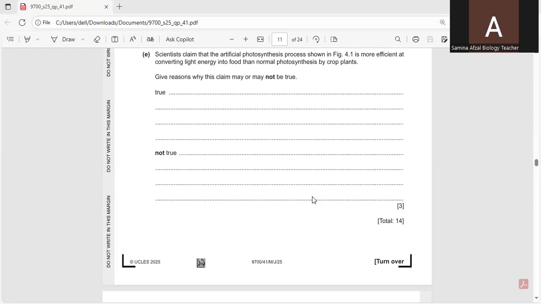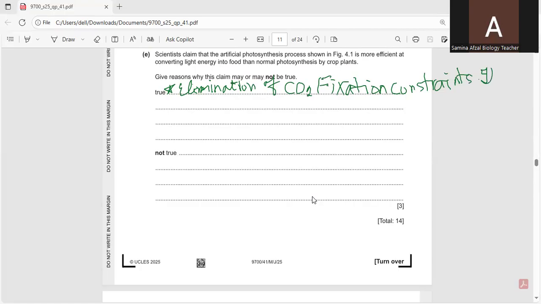The first point is elimination of carbon dioxide fixation constraints.